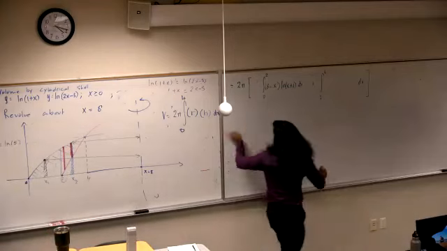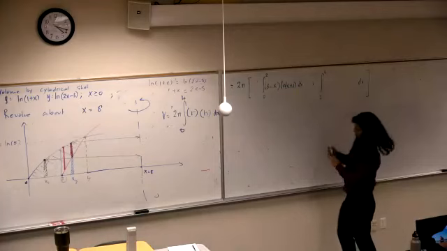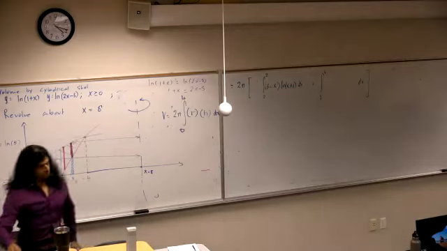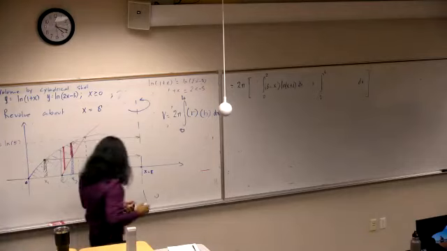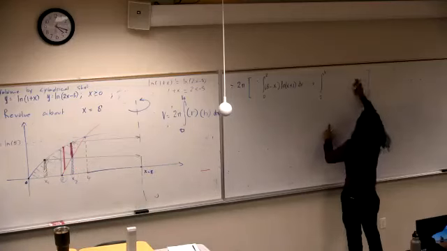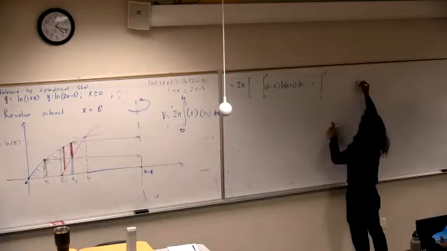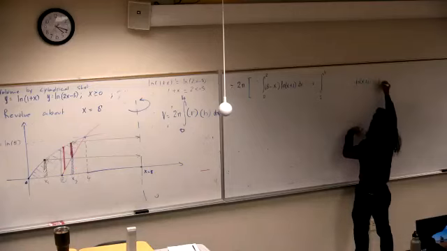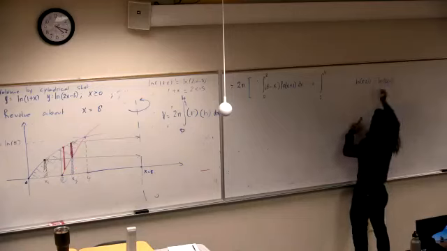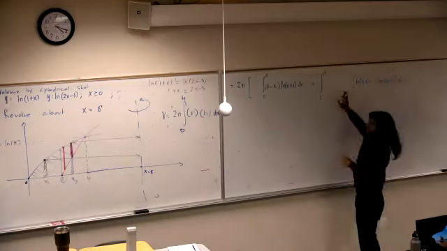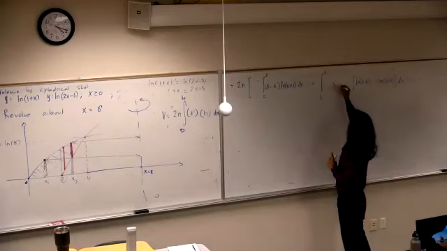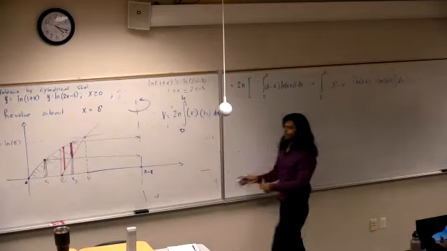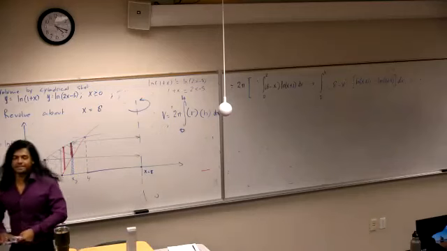So, top curve minus bottom curve, height, radius is still 8 minus x. That part doesn't change. You just have to distribute and integrate.